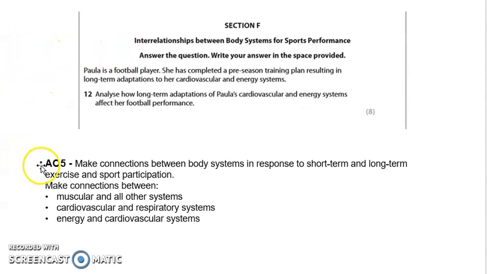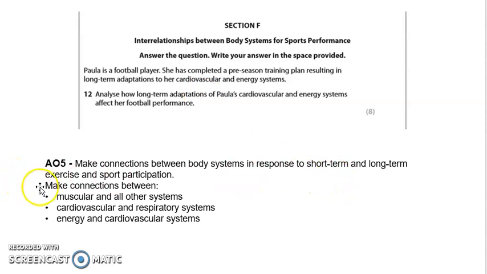the question's there at the top, that's the same question. Assessment Objective 5, so this is directly from the specification, and I've showed you this before, but it's important that this is really, really clear in your head. Assessment Objective 5 asks you to make connections between body systems in response to short-term and long-term exercise. So here we've really clearly got long-term adaptations that we're talking about, although that could have been short-term in a different question.